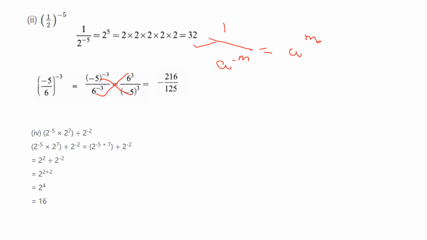Therefore we can write it as minus 216 by 125. Next one. 2 to the power minus 5 into 2 to the power 7 divided by 2 to the power minus 2. So what identity here? a to the power m into a to the power n. Here two identities are used: a to the power m plus n, this is multiply.